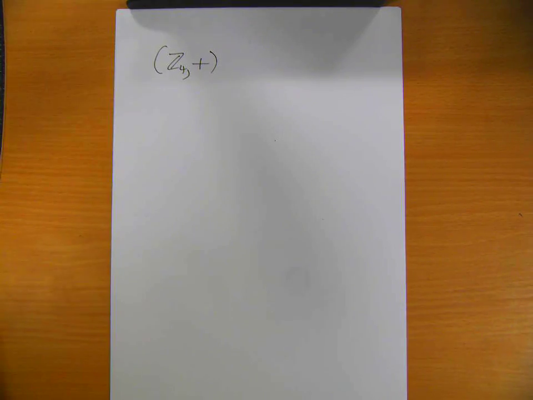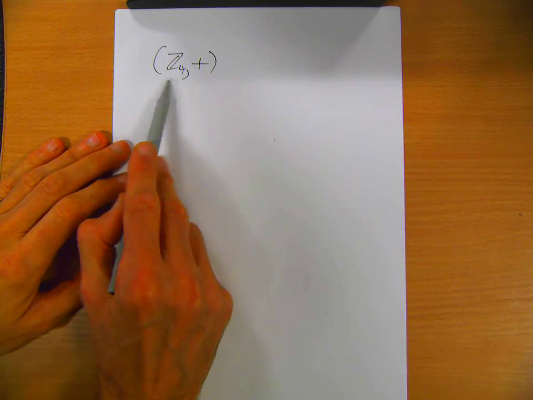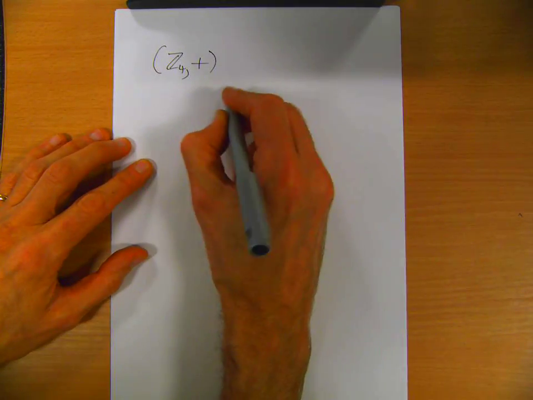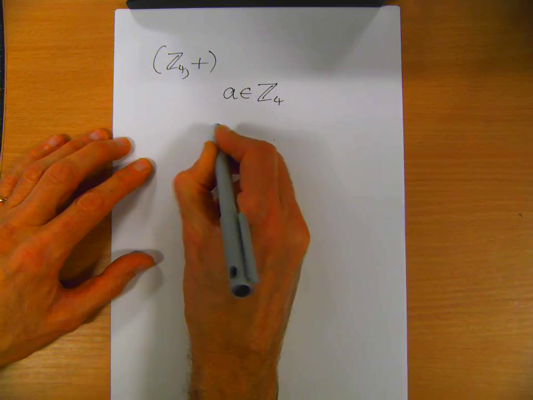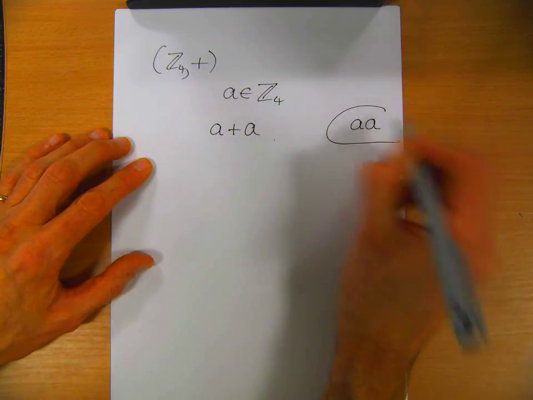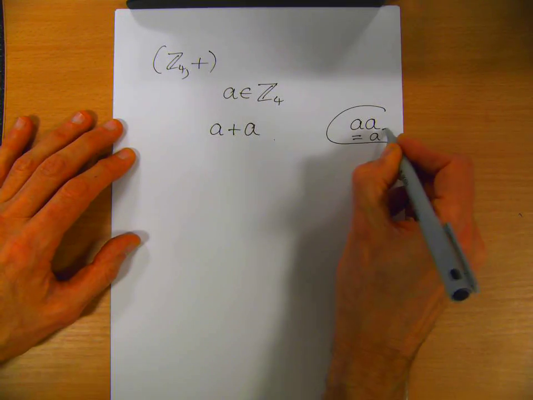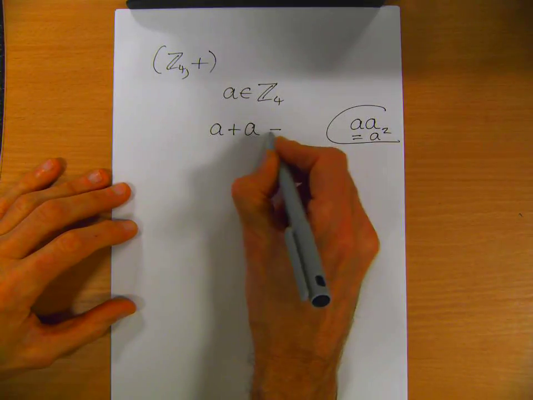Now we've just got to have a word of warning here. We're using additive notation for Z4 because that's natural. We're doing addition modulo 4. So if I've got A in Z4, I'm going to be talking about things like A plus A rather than A times A. So whereas I would write A times A as A squared using multiplicative notation, I would write A plus A as 2A.